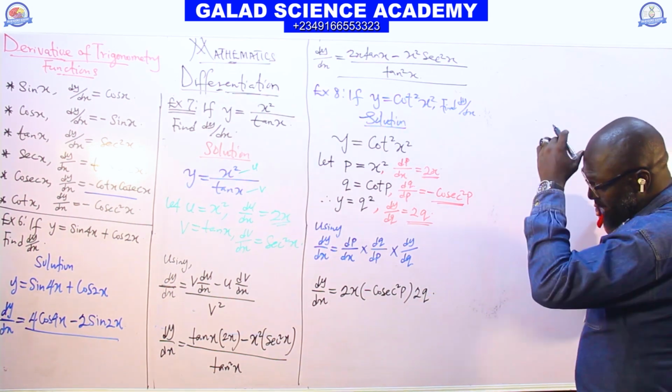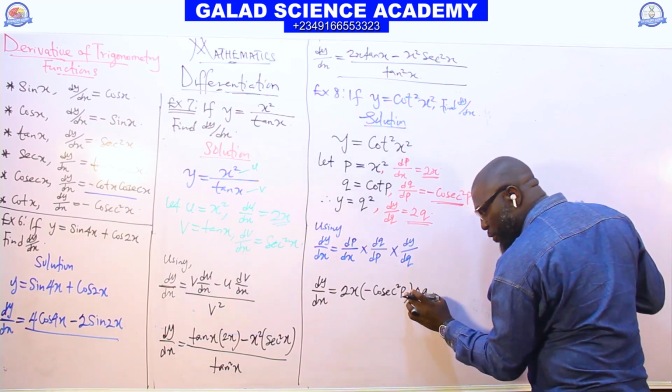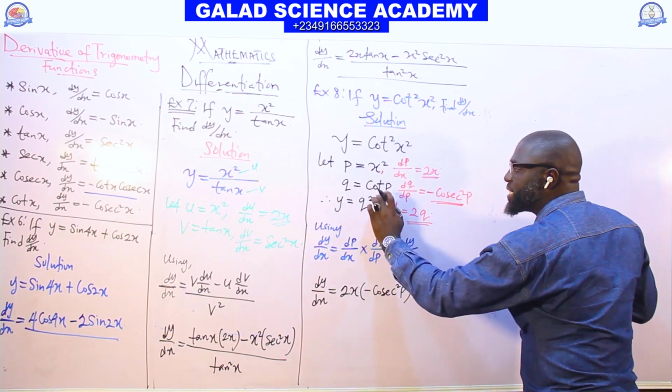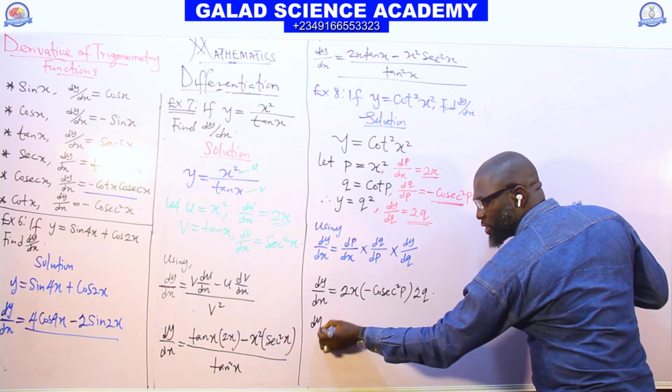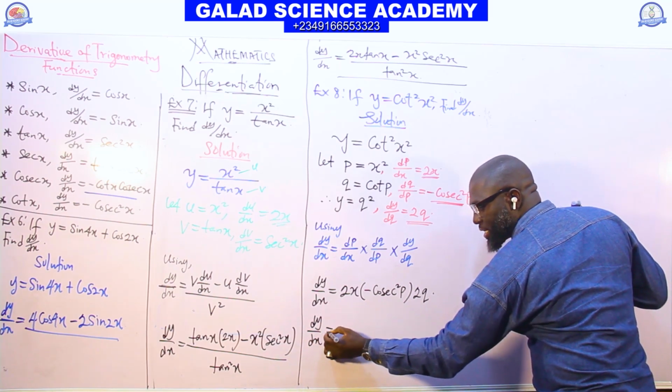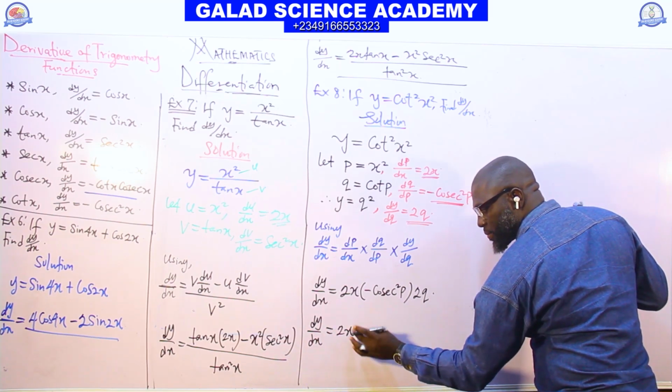Good. The next thing we have to do is remove this P and Q and replace the original value there. You now have dy dx should be 2x.